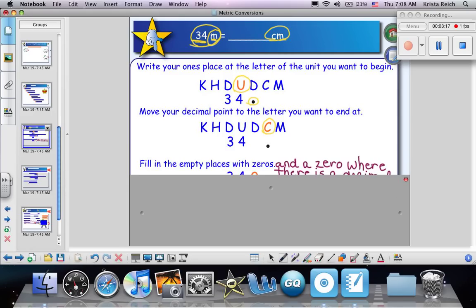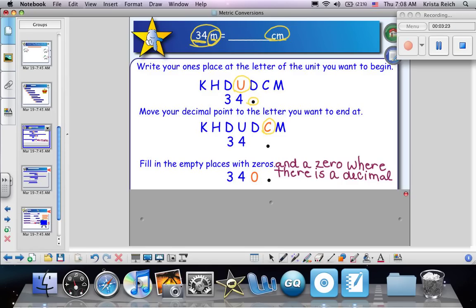The next thing that we want to do is fill in the empty places with zeros, and you want to put a 0 where there is a decimal point. Now, this is one of those tricky things about using this method. Only when we're moving the decimal to the right do we add a 0 where there's a decimal.